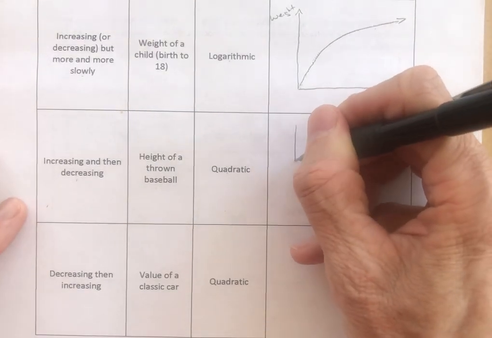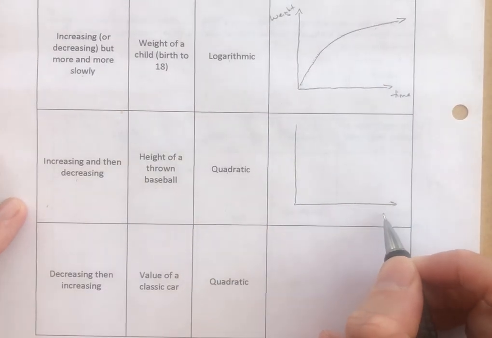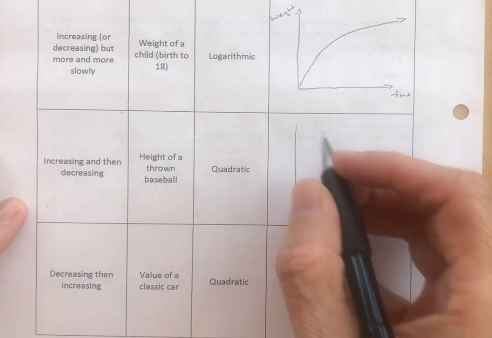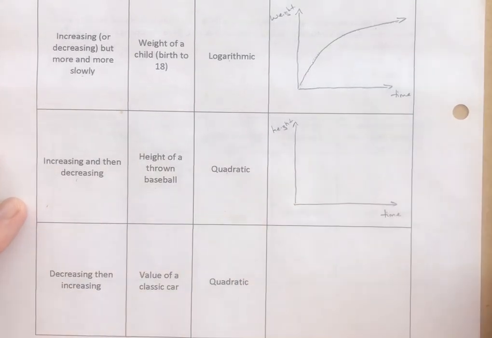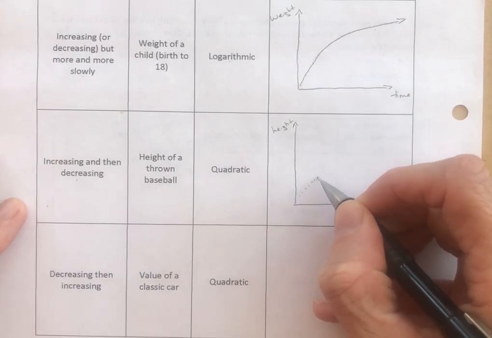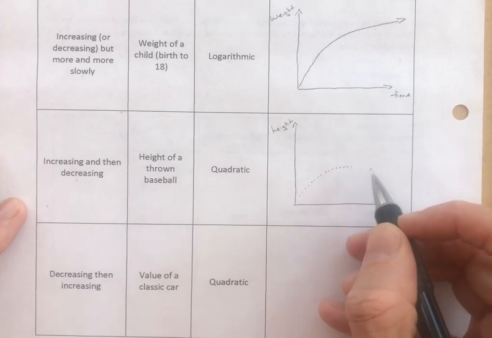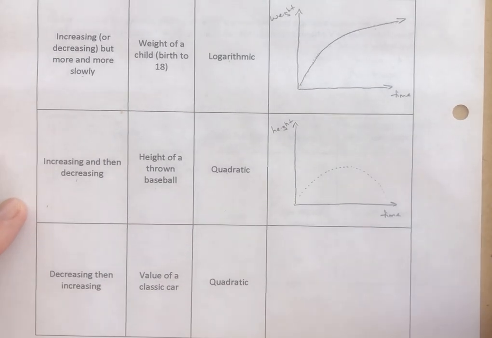So let's take a look here. Okay, we'll do time again on the x-axis, and we'll do height on the y-axis. And here's that one. As you throw the ball, it initially goes up, it hits the peak, and then it comes back down. Okay, so there's kind of the height of a baseball, a football.